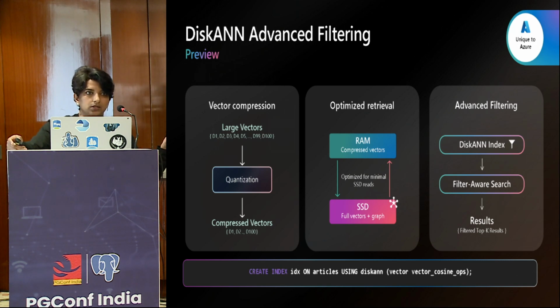We also use a method called quantization, which can reduce the memory footprint. And PGDiskANN is a Postgres extension that adds this DiskANN capability so that you can do vector indexing in PostgreSQL.